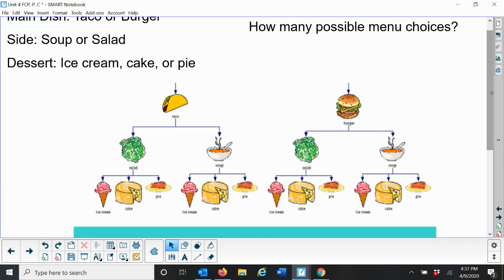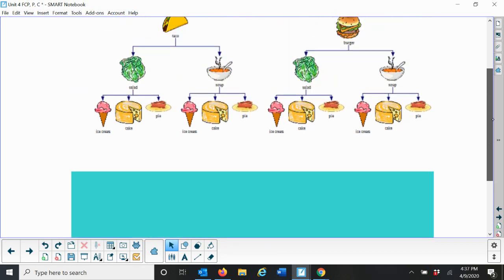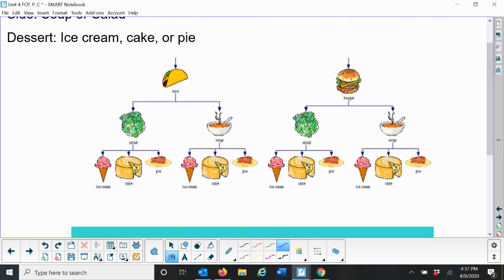And so when I'm trying to figure out how many different choices I have for my menu, I can see that taco, salad, and ice cream is one choice. Taco, salad, and cake would be my second choice. And taco, salad, and pie would be my third choice. But then I can go the next way.